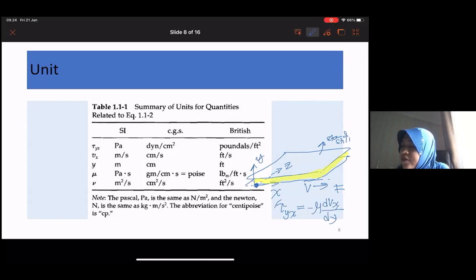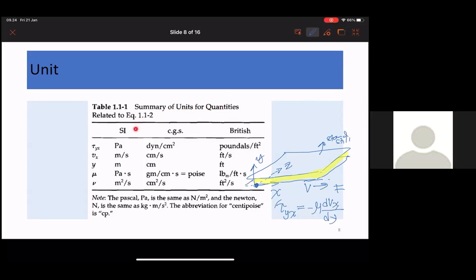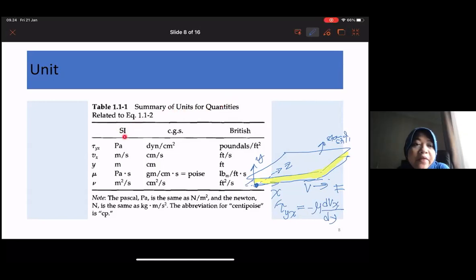Okay, so for the units, for example in SI, the international system, tau yx is in Pascal. Maybe we can just use SI, but you should also be able to convert into British or CGS if you want.